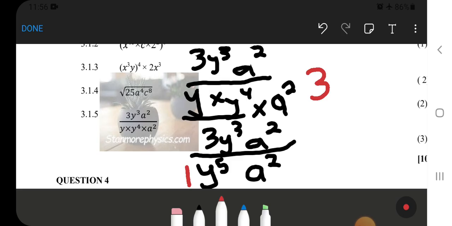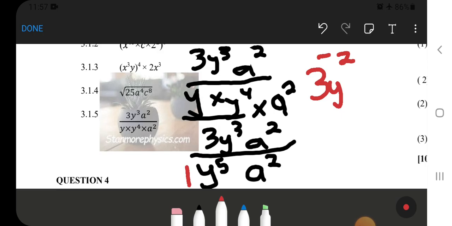The bases are the same and we are dividing, so we subtract the exponents: the top minus the bottom, always, 3 minus 5. So 3 minus 5 gives us -2. So it's going to be 3y to the power of -2.